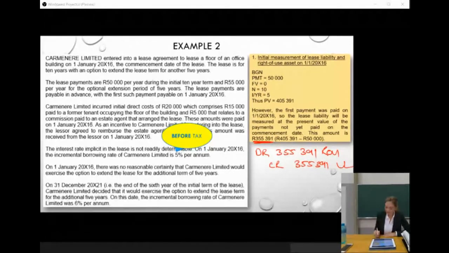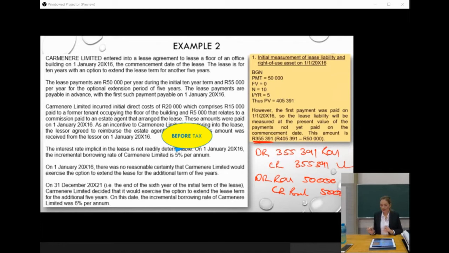And then when we make the payment, we'll say debit right of use asset with 50,000 and credit bank with 50,000. Okay. So whatever we do, we are still going to sit with our right of use asset at the 405,391.